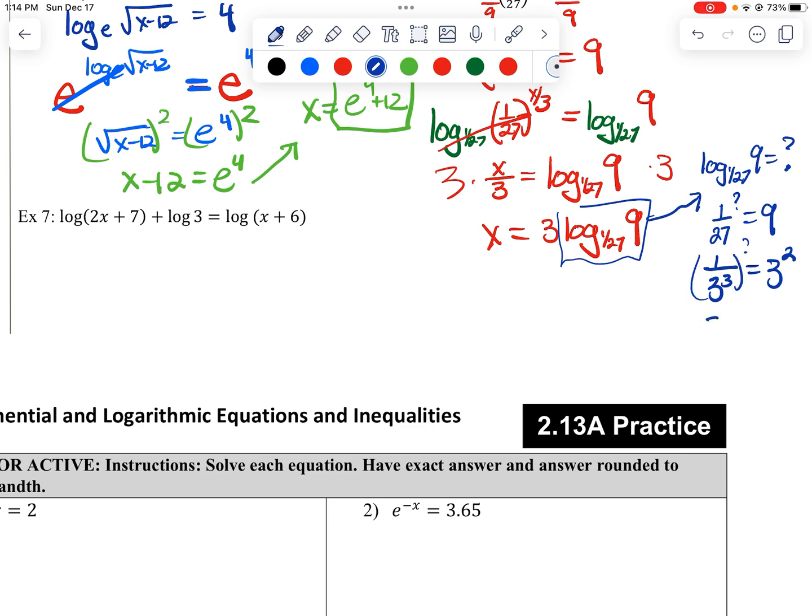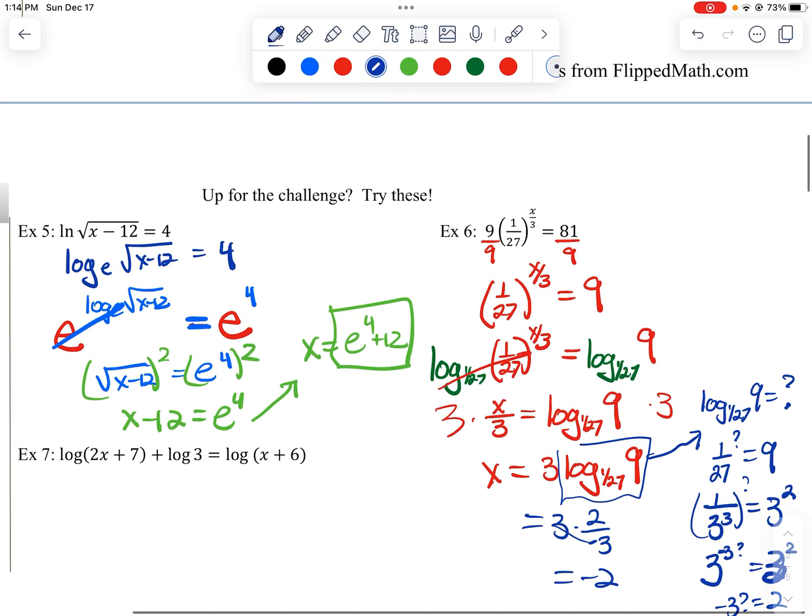We'll flip this on top. So 3 to the negative 3 to the question mark equals 3 squared. So negative 3 times the question mark equals 2. So whatever this is equal to is 2 over negative 3. So if I plug that in here, this is 3 times 2 over negative 3. So this is equal to negative 2.